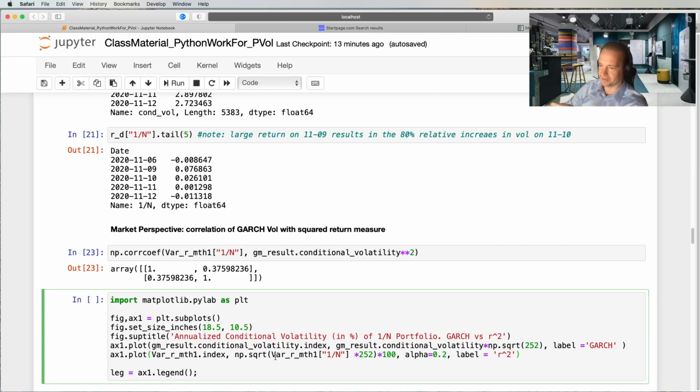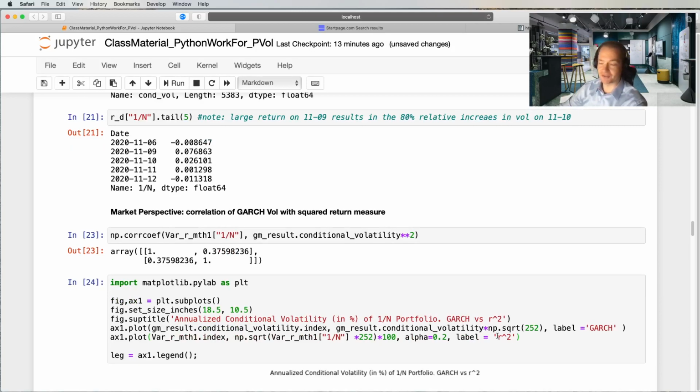It's really dirty because if I take the return square, which is my variance measure, and then I take the square root out of it, I'm back at square one. I'm back at my returns. So you see vol and returns are extremely closely connected in that method, which is likely not true. But it's a valid method, which you often see also in research papers, especially if people have no other measures at hand.